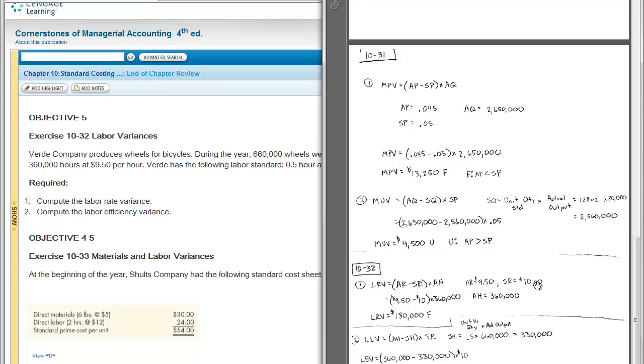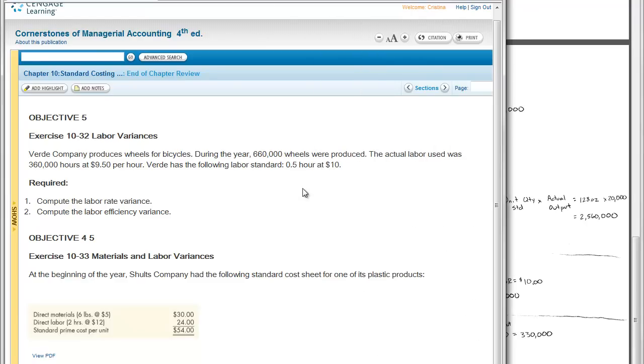Standard rate, of course, we already have from the first part of the problem. The actual hours, also from the first part of the problem. We will need to make a calculation for the standard hours here. So if we look at the unit hour for the standard here, it's 0.5 hours.